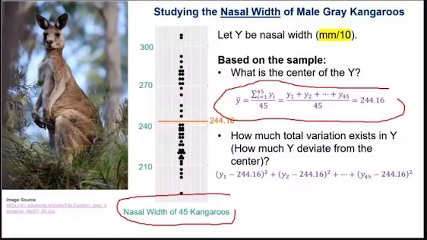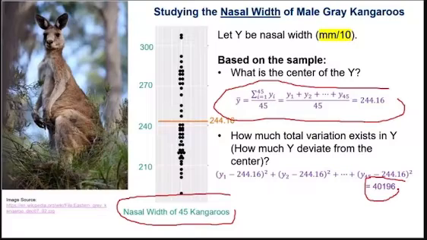If I want to know that, of course, I'm going to subtract the mean from each of the NASA weights. How many NASA weights do I have? Don't forget, I have 45, right? Then I'm going to square them and add them up. When I do that, that gives me 40196. The total variation around Y is actually 40196.